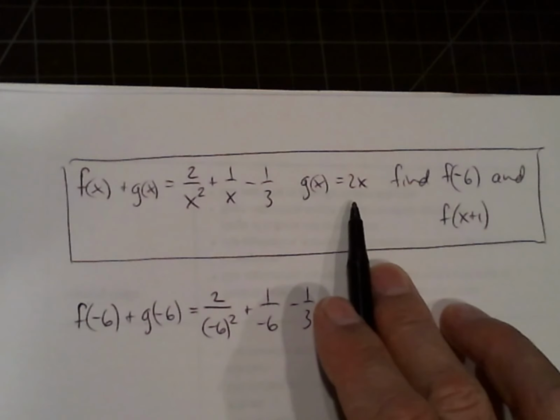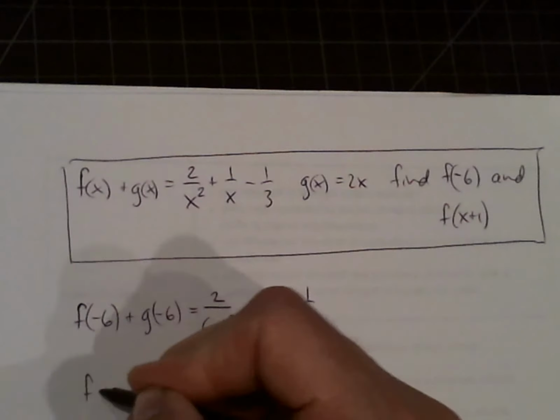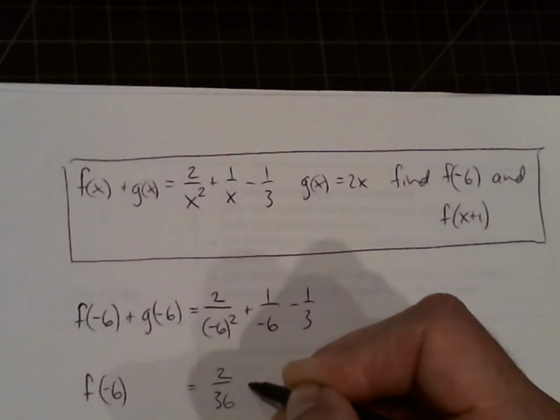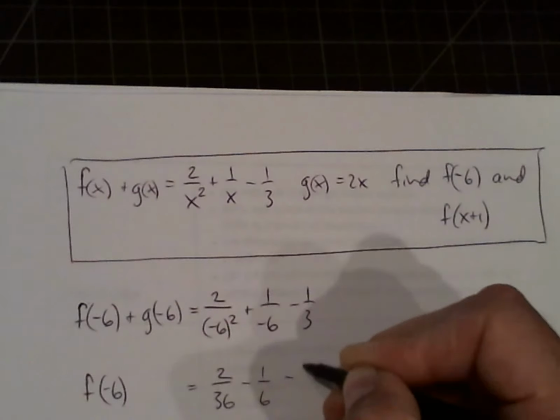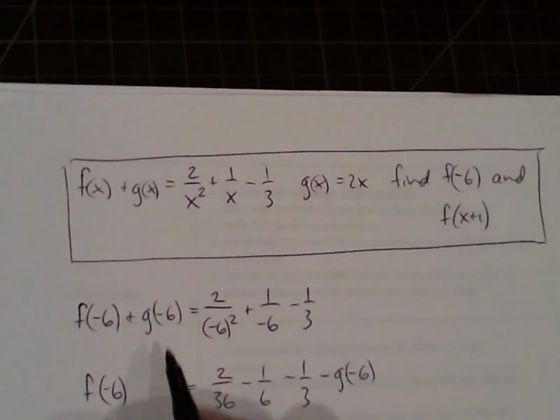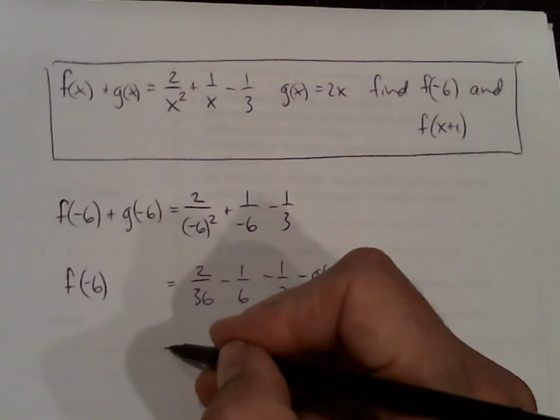So now we can just move it over there, minus g of negative 6. So I just moved that over there. And now we're going to solve. We'll have what f of negative 6 is.